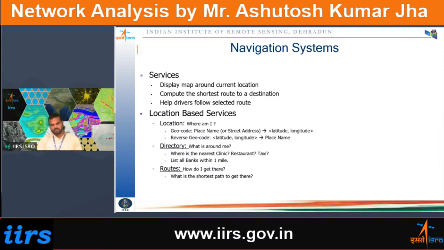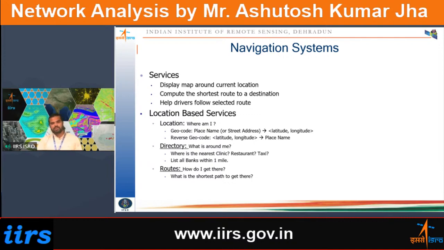Then we have an additional need for a directory. It means you need a kind of directory structure, which we can think of as finding out what is in the surrounding areas. There is different information within a specific range, and you want to find it out. This query is always executed at runtime.